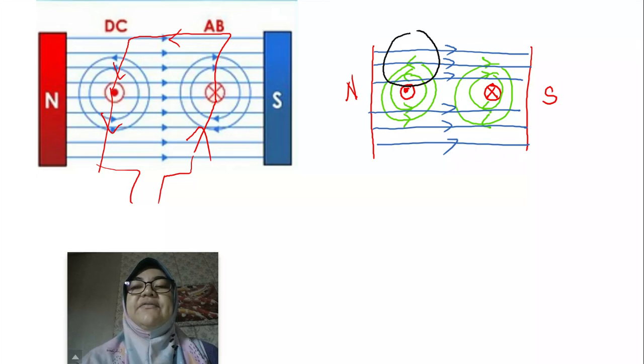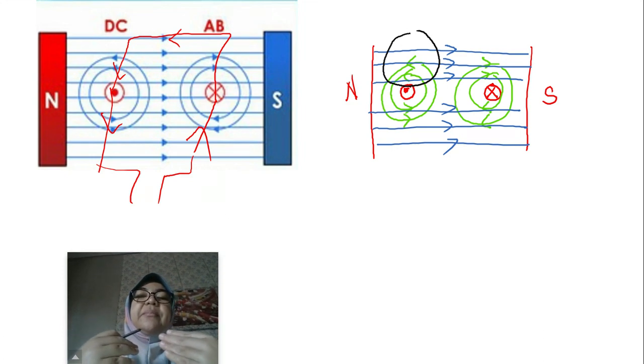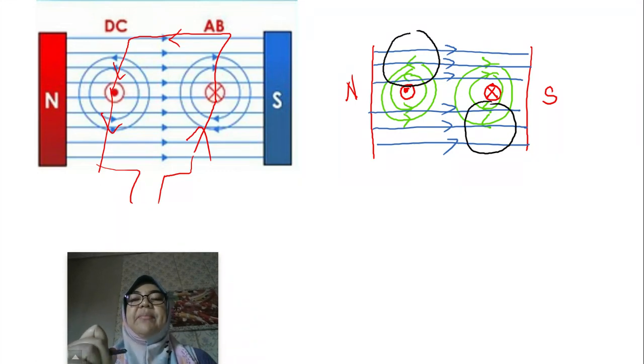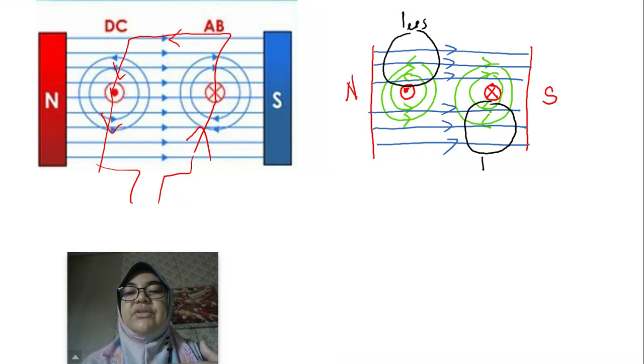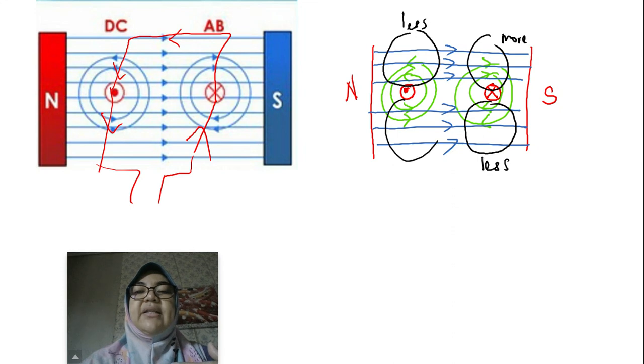And as for the right top, the direction is the same, so the number of magnetic field lines will be added on. And as for the lower right part, the number of magnetic field lines is less. So this is less. This part is also less. This part, the number of magnetic field lines is more. And this part is also more.